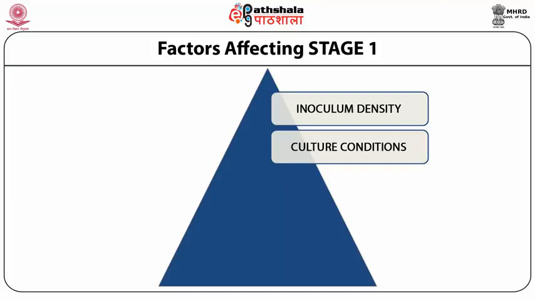Then there are other physical factors which we also need to control, like the pH of the medium. There is an optimum pH at which the cells would divide actively. Then light also influences the culture conditions, and the temperature.